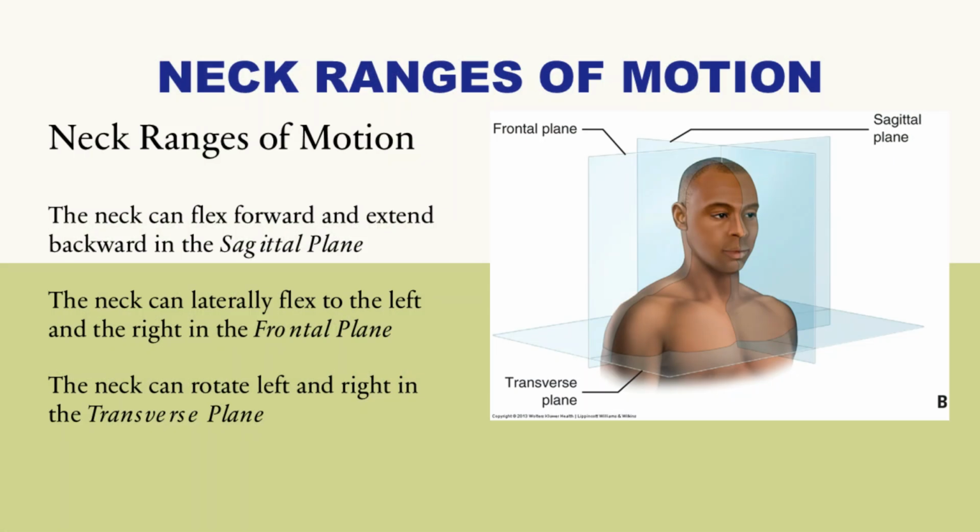And I also want to talk about the neck ranges of motion, okay? So we've talked about that as the action that the neck can do, but when we're talking about anatomical planes of motion, there are 3 of them. We have movement in the sagittal plane, so our forwards and backwards movement. We have movement in the coronal plane, which is our side bending.